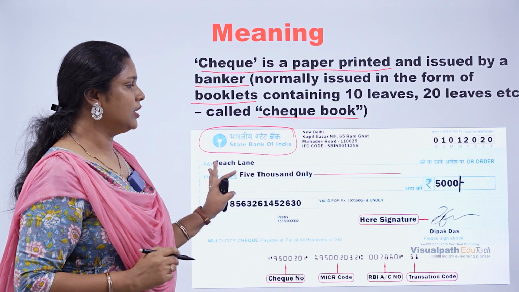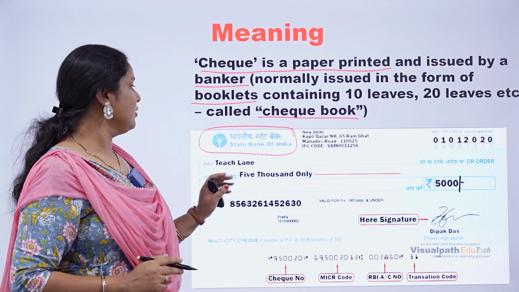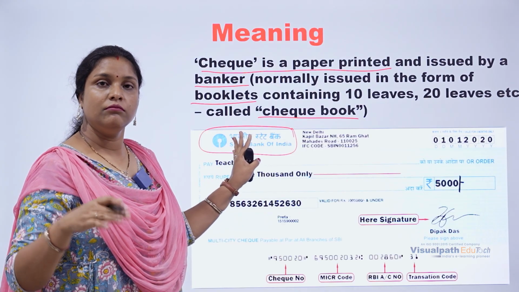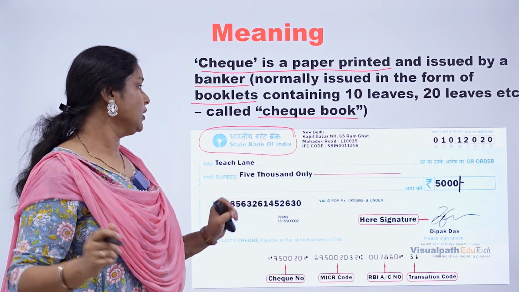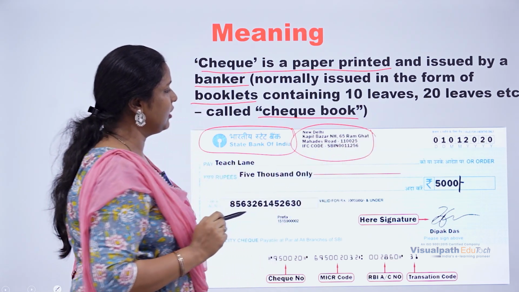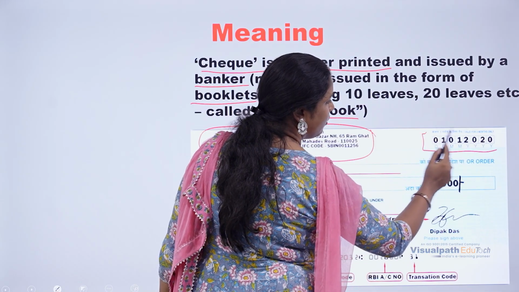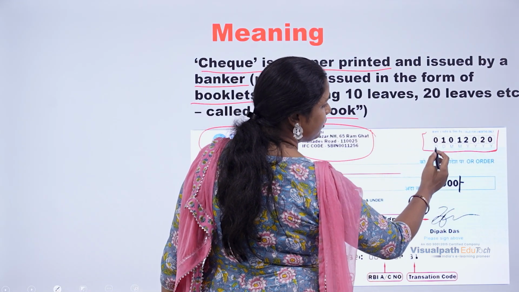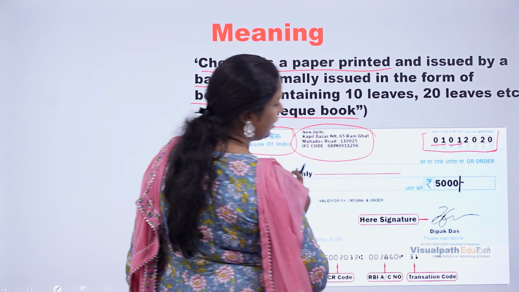So this is how a proper check looks. You see the bank's name, the account holder, the address of the bank, and the date of issue. As you can see, this is issued on 1st of January 2020.